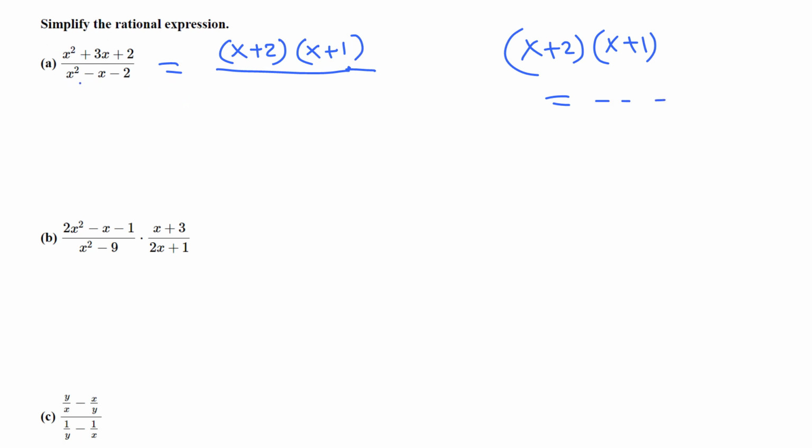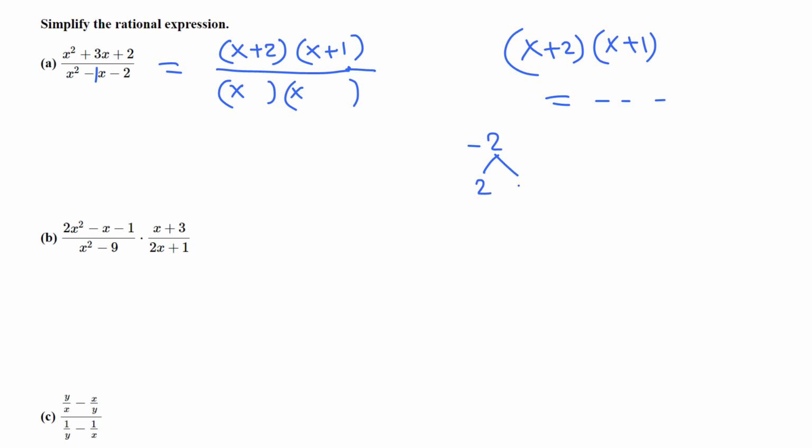On the bottom again we have a trinomial, so this will be a product of two binomials if it factors. X squared means x times x. Now for negative 2, we want to find two factors that combine to get negative 1.